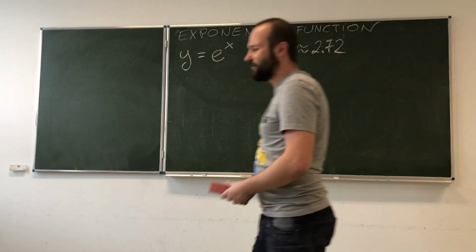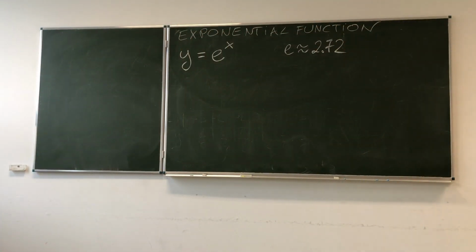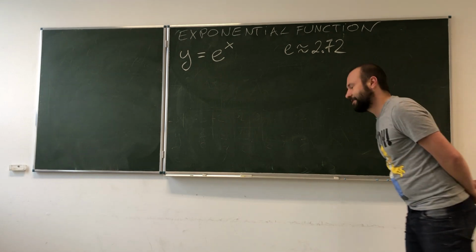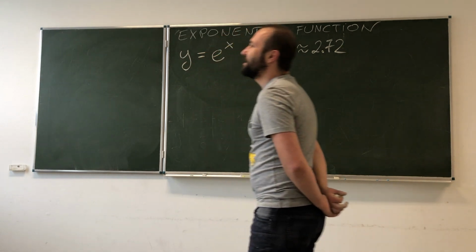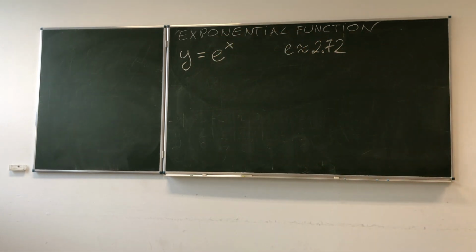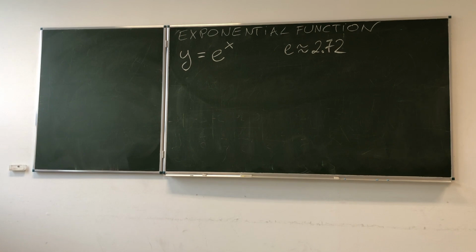But it has a lot of nice properties. We expect it in the context of constant growth, and in the context of calculus, we get extremely simple derivatives and integrals associated with e to the power of x. This is why it is our preferred base. This is the base we want to have.